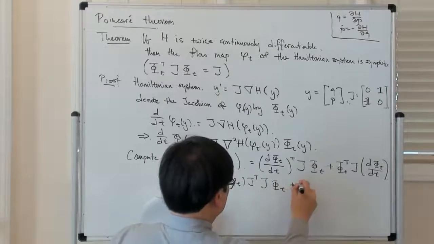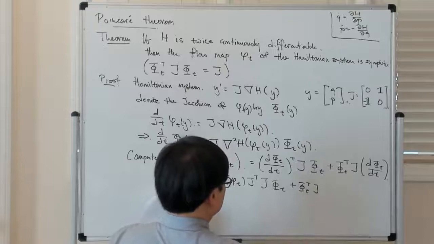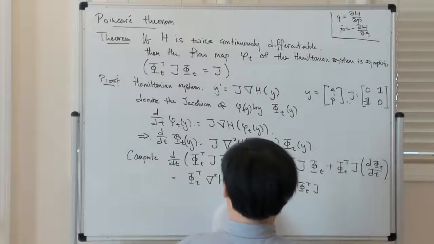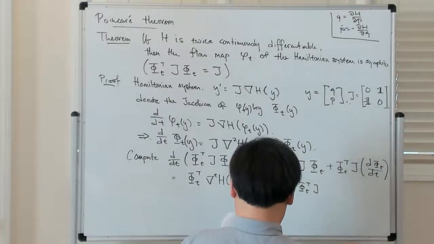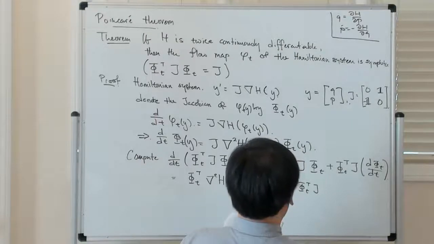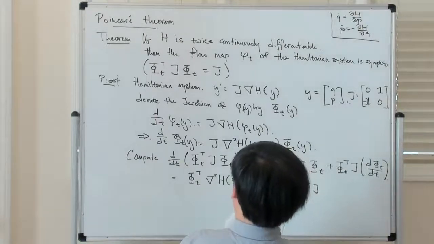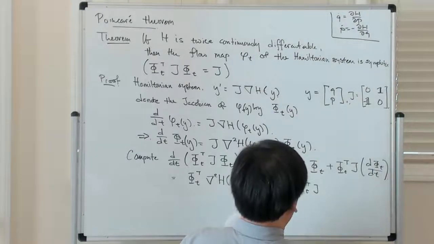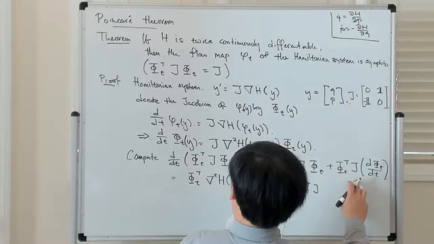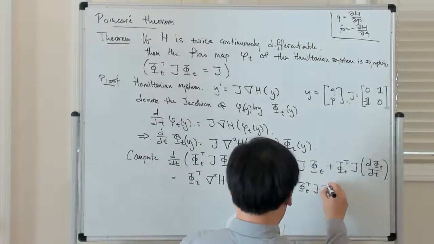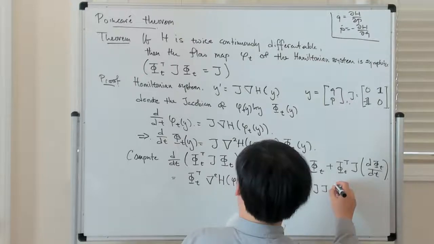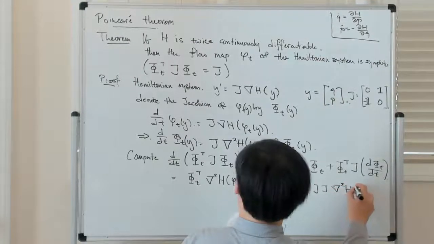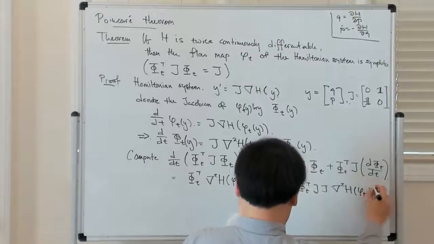And then there's the second term, which is nabla squared times the Jacobian.